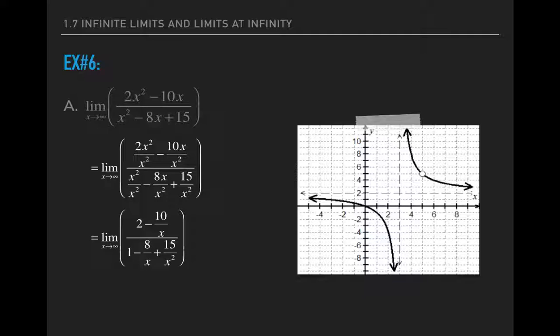So if you put 10 over a really large number, what happens? Think about that for a second. 1 over a huge number is really just 0.